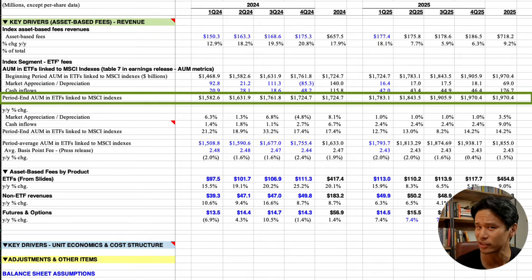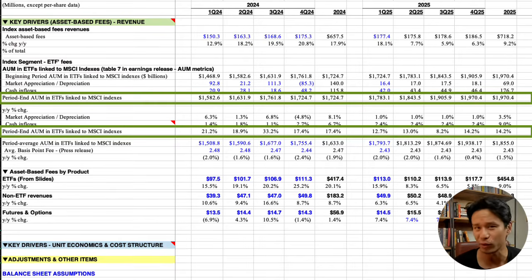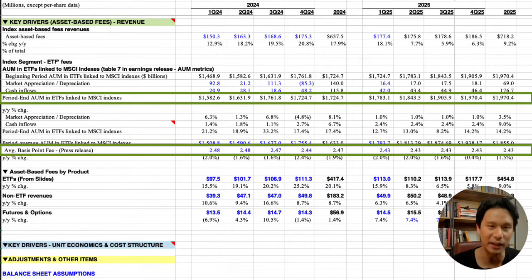Now, again, I can maybe just use the current growth rate because it's sort of dependent on what's in vogue of what people are investing in. And then the actual price of the fees, right? I'm just keeping it flat because the overall trend of ETF fees are going down. But in any case, it's very much like a volume times price model, if you've heard of that before.